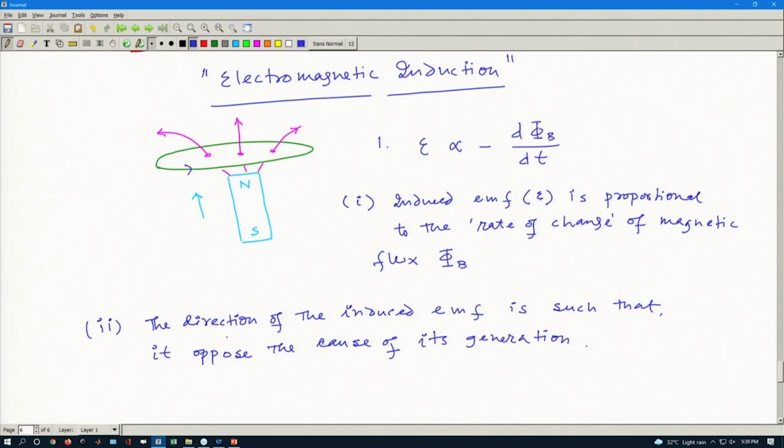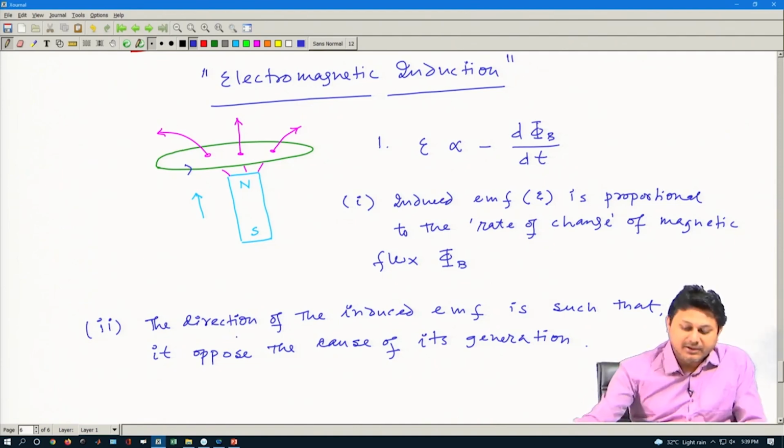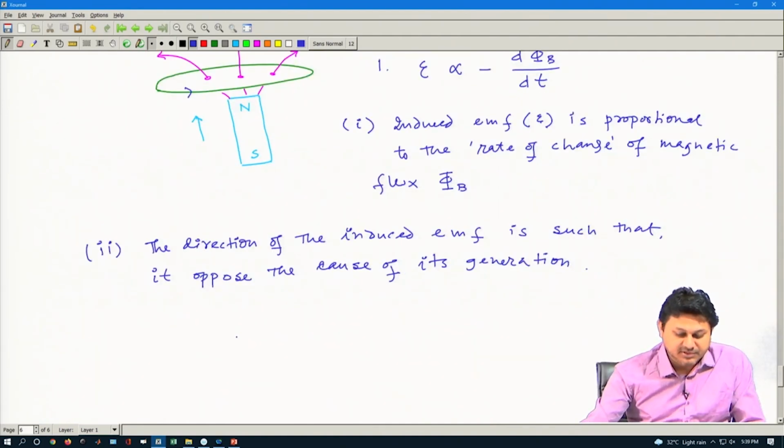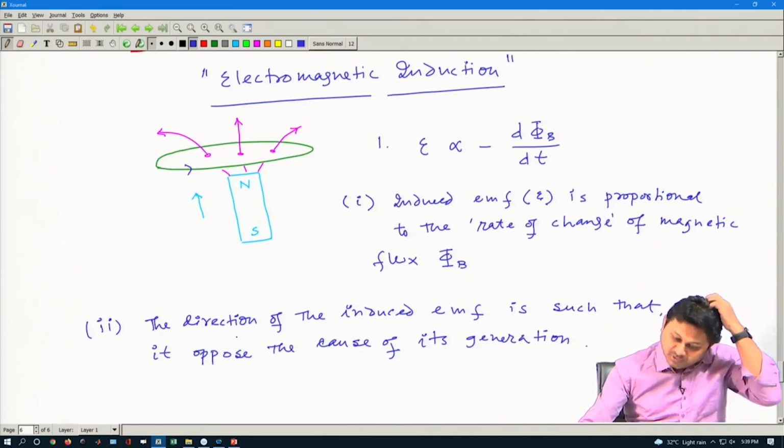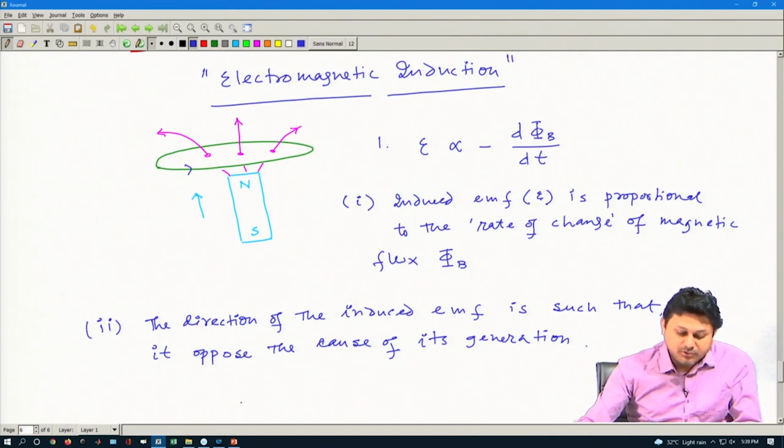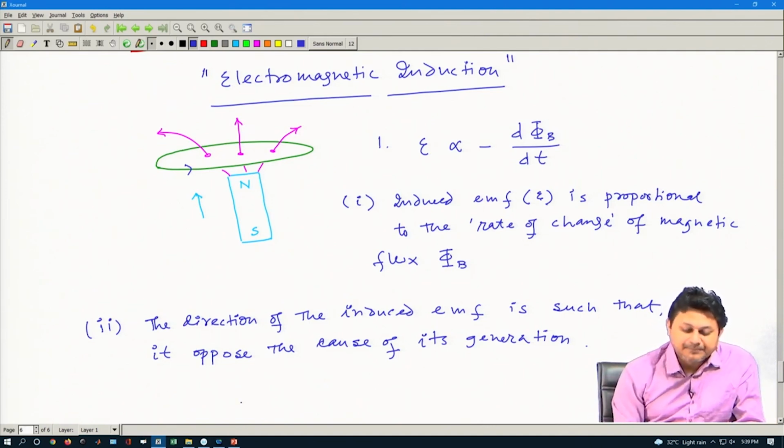That means we would gain a large amount of energy without doing any work, which violates energy conservation. So, in order to generate some EMF, we need to do some work. That means we need to push this magnet against the magnetic field produced by the rate of change of magnetic flux inside this wire. Inside this wire, what happened?